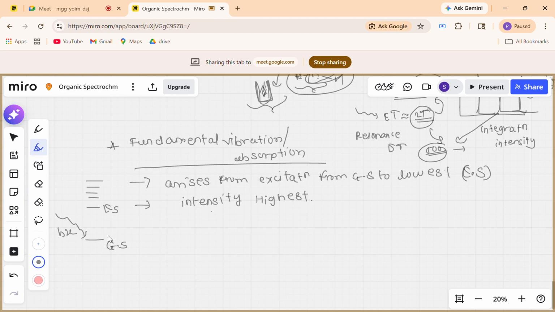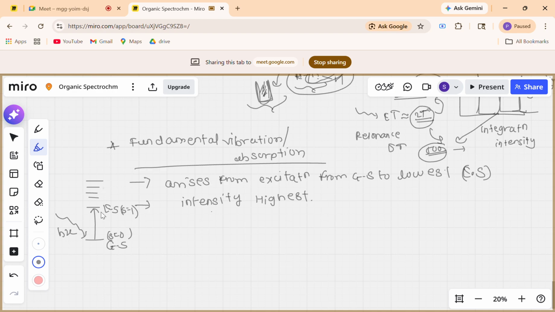For example, this is your ground state and this is the first excited state. There will be multiple excited states present here. Whenever there is radiation in your molecule, going from S equal to 0 to S equal to 1, these are electronic levels.